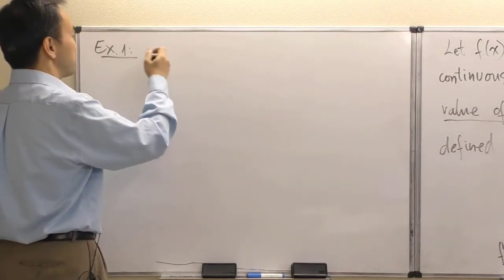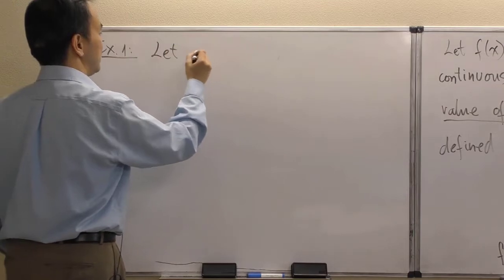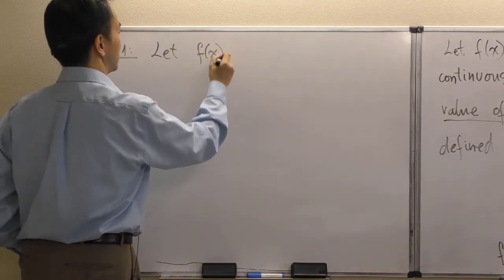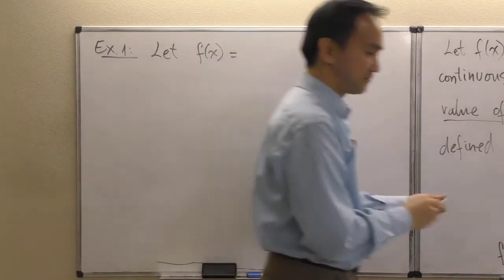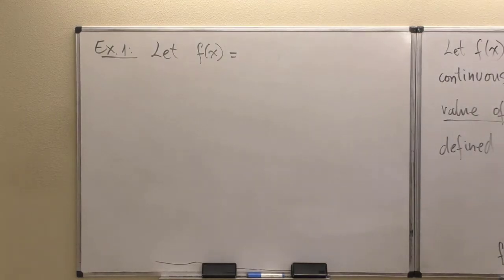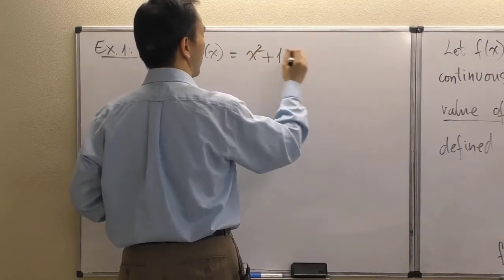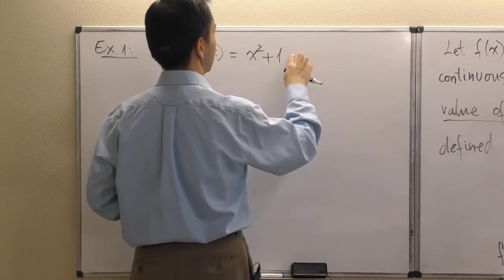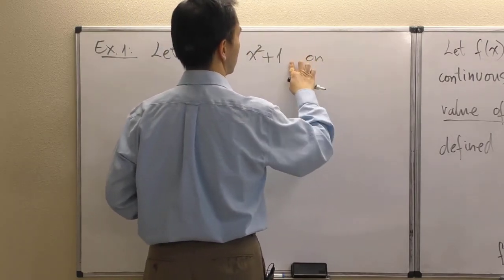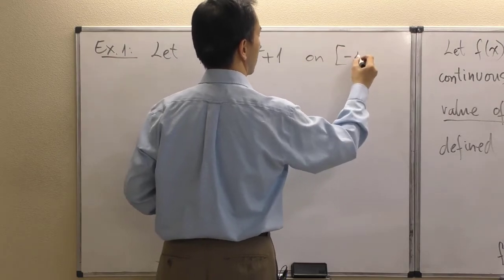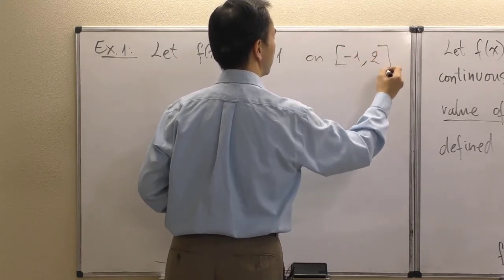So I'm going to say let f of x be defined as x squared plus 1, on the interval from -1 to 2.